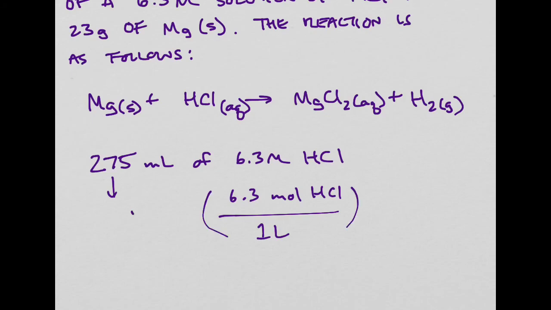So I'm going to multiply this equivalency by 0.275 liters, and that's going to give you the number of moles of hydrochloric acid I have in that amount of solution. And that equals 1.7325 moles of hydrochloric acid. Okay, so we're in good shape here. We want to make sure that we circle this right here so we don't forget this piece of information. But we're going to hold on to that for just a moment.